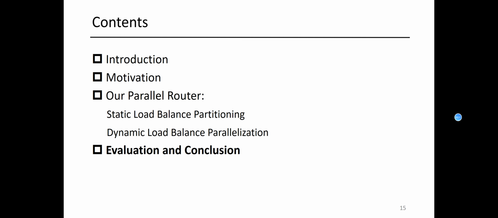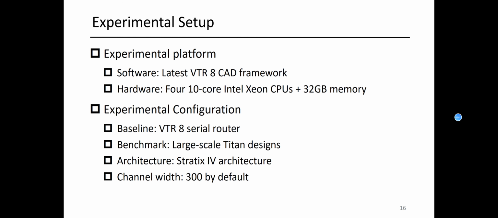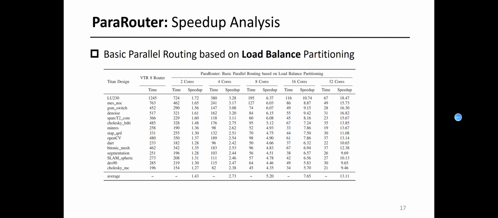At last, the evaluation and the congestion are introduced. We implemented the proposed parallel router in the latest VTR8 CAD framework, which is performed on 4 CPUs running at 32 GB memory. In our experiments, the baseline is VTR8 serial router, and the channel width is set to 300 by default. The parallel router is basic parallel routing based on load balance partition.